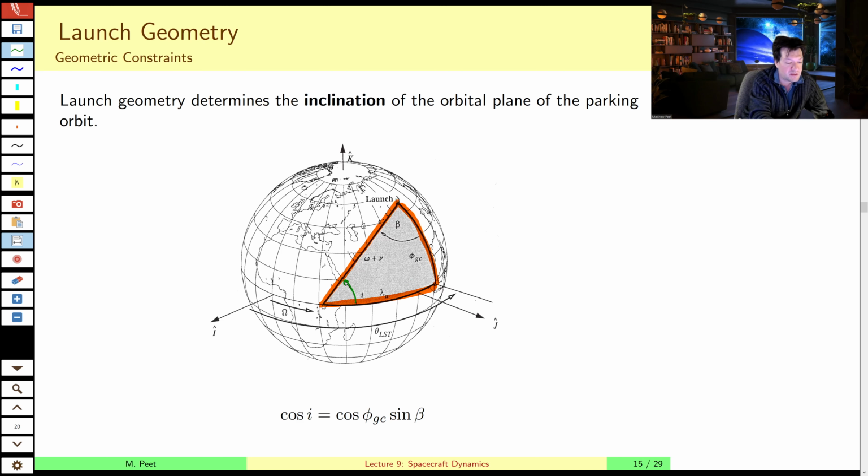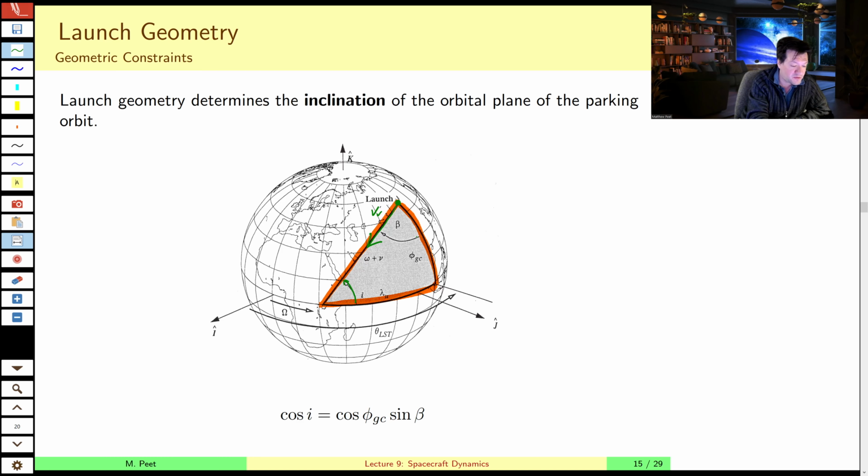Well, actually, let me take a step back. We are launching from this site, and we're launching in a direction which, in this slide at least, corresponds to this line here, this arc of a circle, which is centered around the center of the Earth. So we launch in that direction, V, and of course suddenly this becomes a descending node because, okay, we're going to have to come back to this issue in just a second.